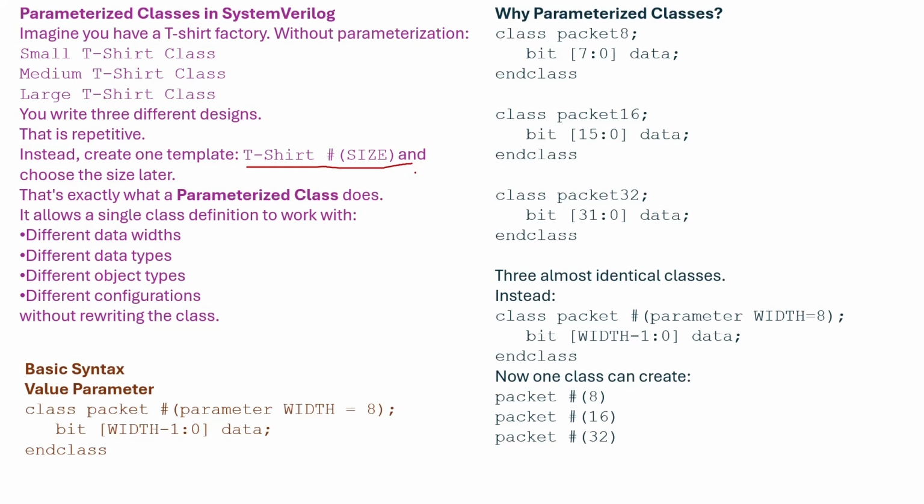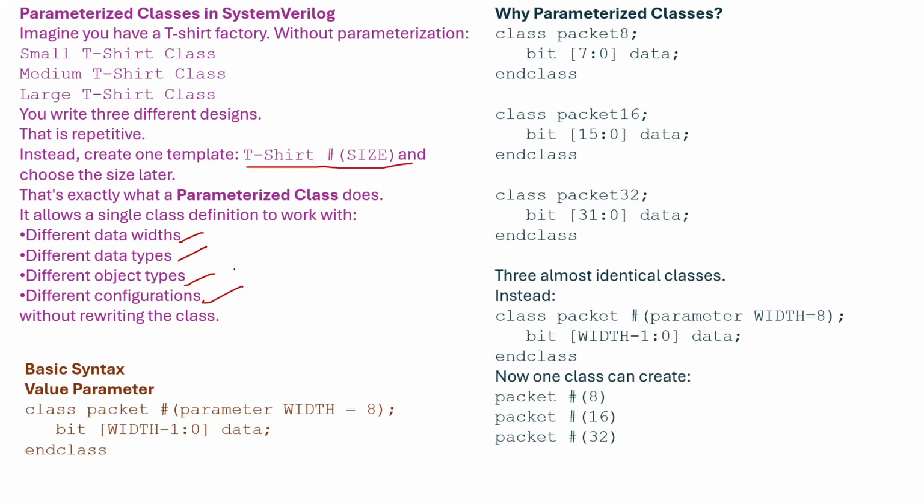If you want to operate with different widths, different data types, different objects, and different configurations, we can use parameterized classes. I want to configure my design, and at that time I will use a parameterized class.